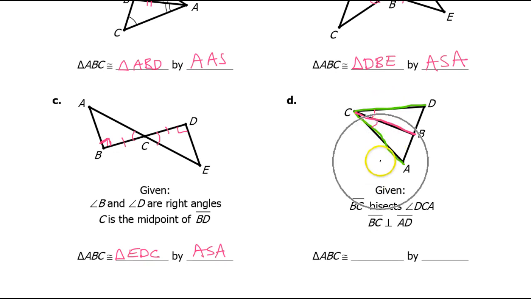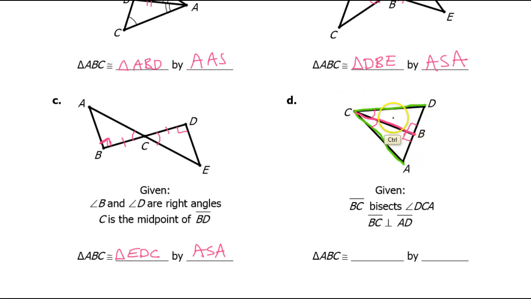So these two smaller angles are congruent. So we can mark that. We're also told that BC is perpendicular to AD. Perpendicular means that it's forming 90-degree angles. So we've got that.